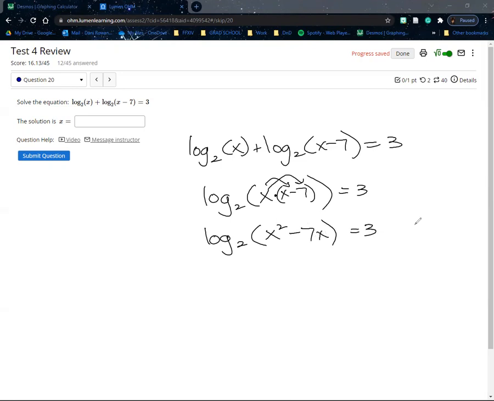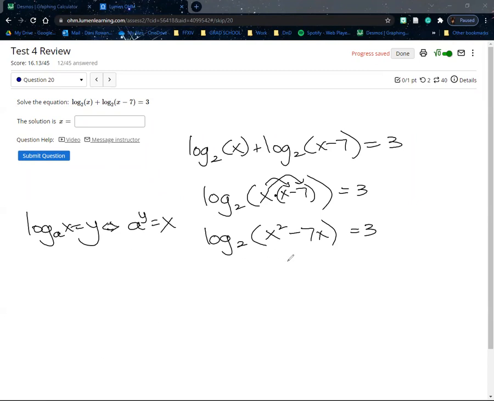Well, now we're back to using the golden ticket, right? Because we have log base 2 of this equals this. So log base a of x equals y is the same thing as a to the y equals x. Okay, I'm gonna drill it. You guys are gonna rewatch this video and get sick of me saying this.